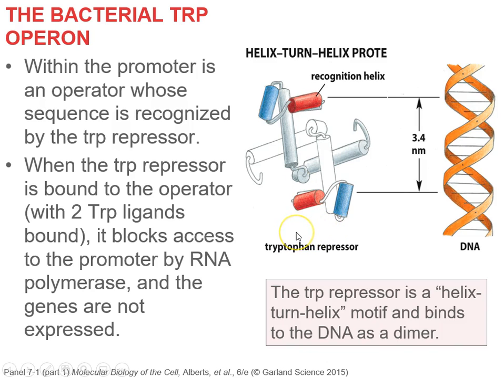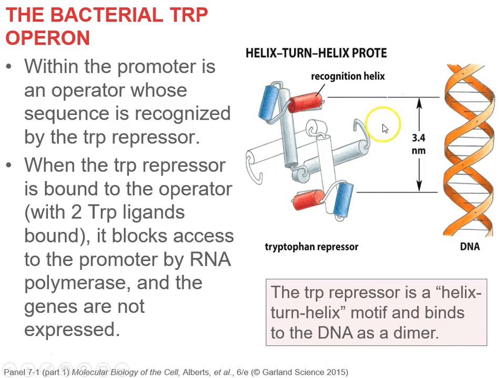So the Trp repressor binds to the DNA as a dimer. We've seen that before. So the recognition helix, we're going to have one portion bind here, in this major groove, and this portion will bind in that major groove. So when the Trp repressor is bound to the operator, it blocks access to the promoter by the RNA polymerase.